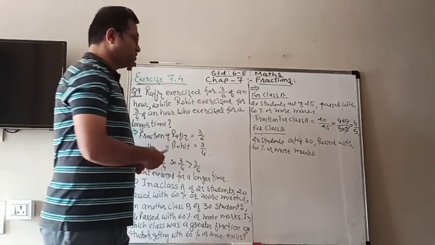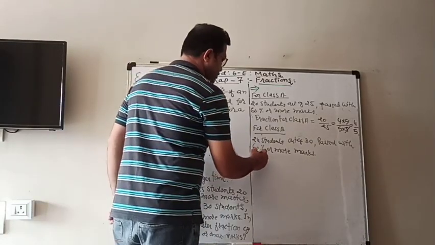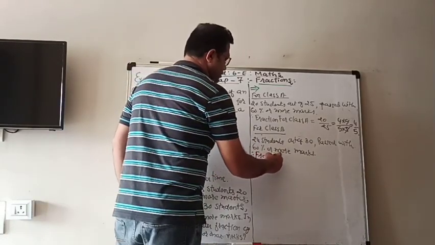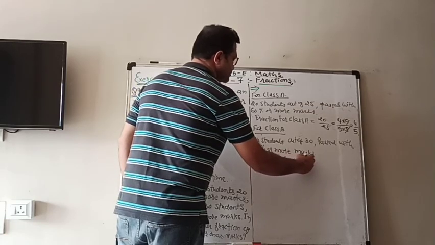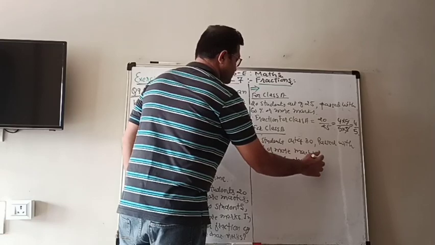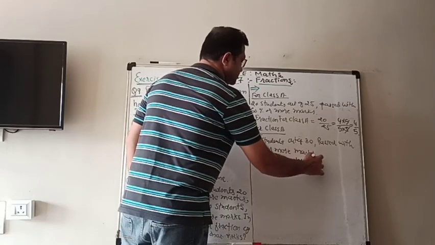So now the fraction for class B is 24 out of 30.